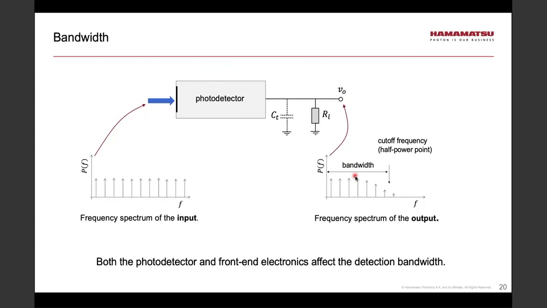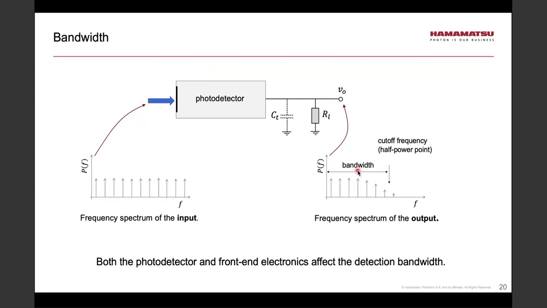In other words, low frequencies are transmitted, but then the transmission declines as frequencies increase. When the power drops to half, then this width in frequency will be known as bandwidth, the detection bandwidth of this system.